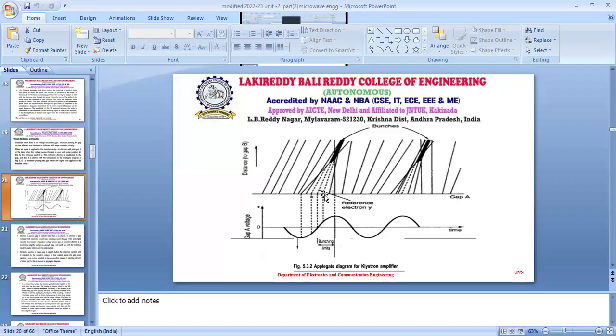Coming to the Z electron, this Z electron interacts with the positive part of the RF signal, and the positive signal will attract this negative electron. Therefore, there is acceleration in the movement of the electron. So one is decelerating, one has no change in the velocity, one is accelerating.